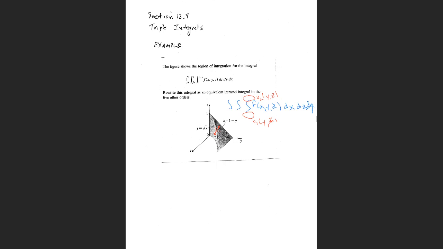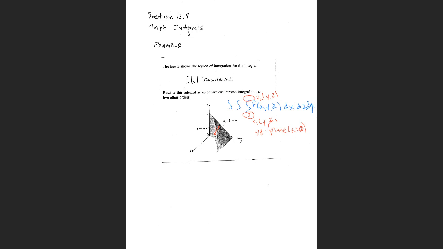The YZ plane. That's right, Ellie. What's the equation of the YZ plane? The YZ plane has equation x equals 0. So that's why we have a 0 here for the bottom limit.